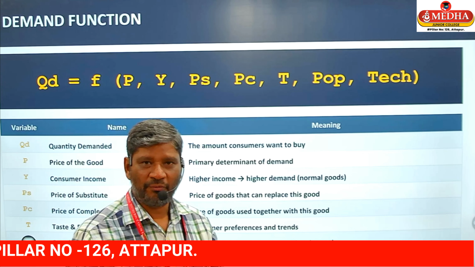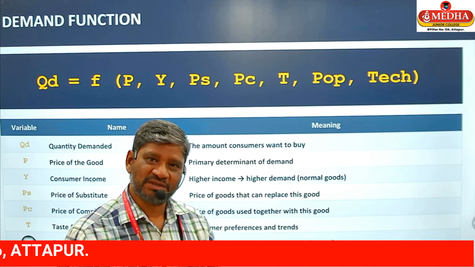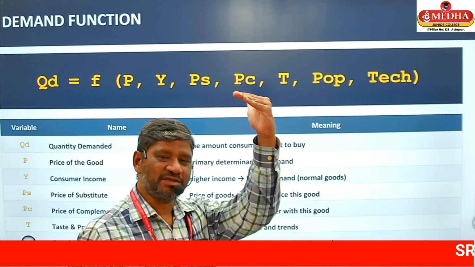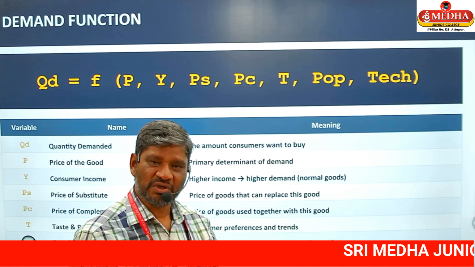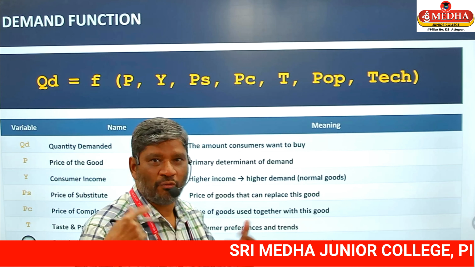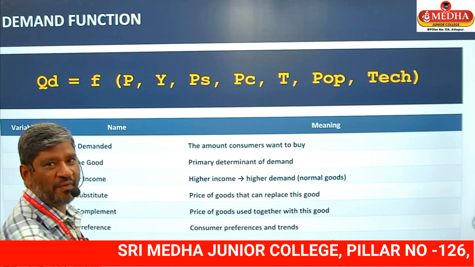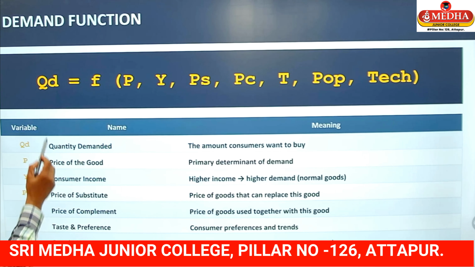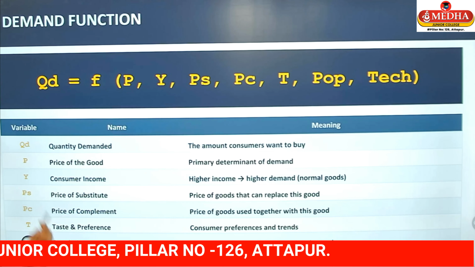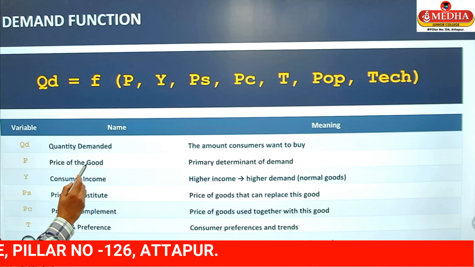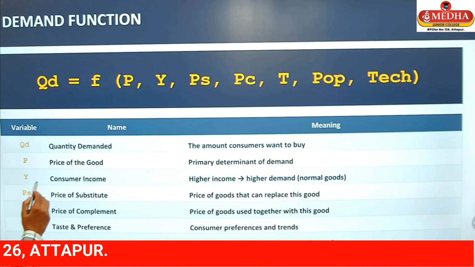We have seen in the market, sometimes quantity demand is more, sometimes quantity demand is less. Why? Because of these factors. QD is called quantity demand. P is called price of goods. Y is called consumer income.